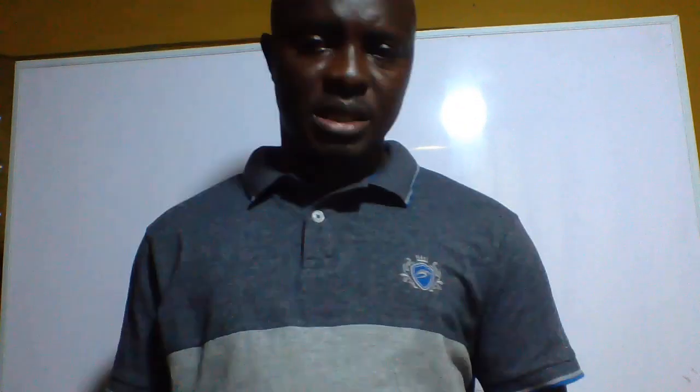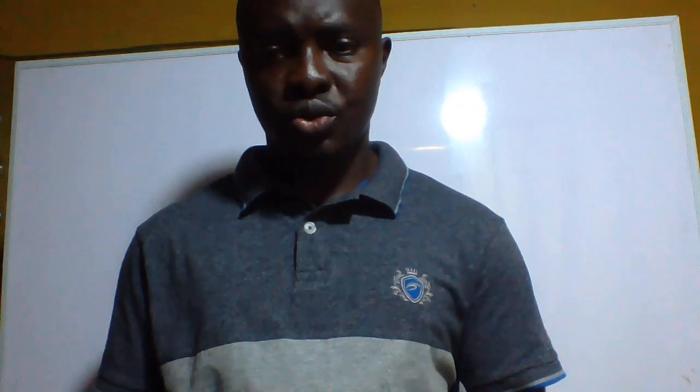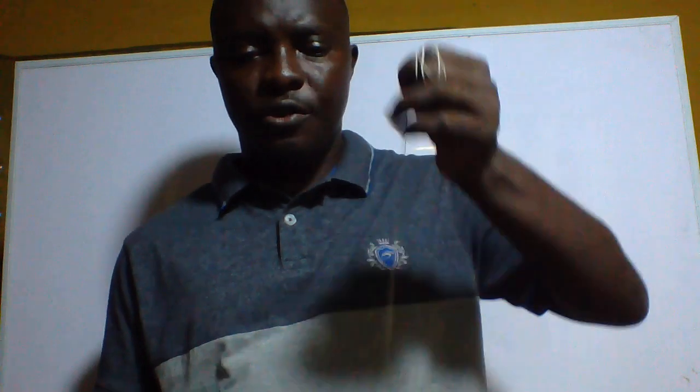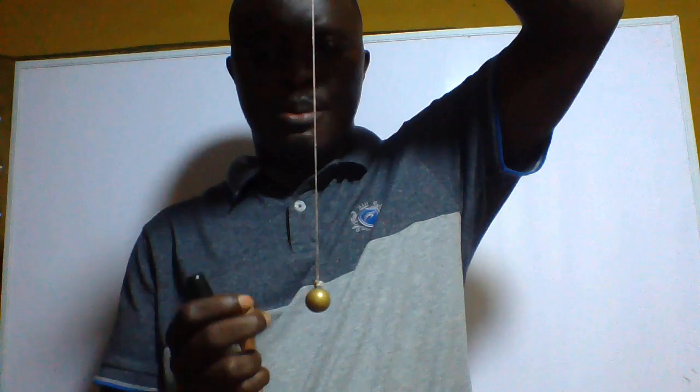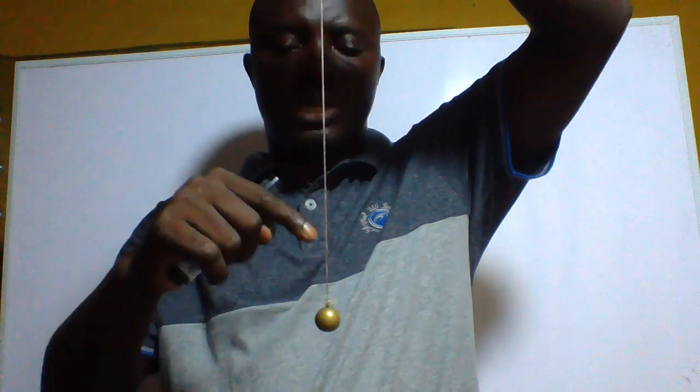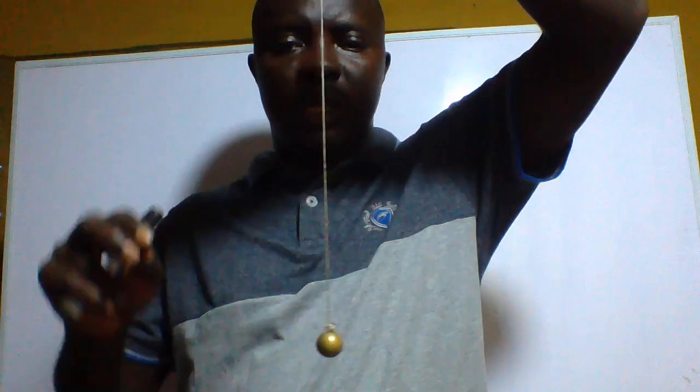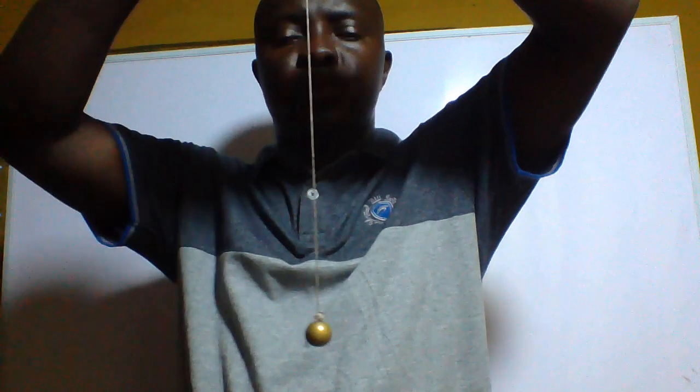But basically, a simple pendulum is any mass connected to a string and made to oscillate at a fixed point. This is an example of a simple pendulum. This is the mass, this is the string, and then we tie it to a fixed point.